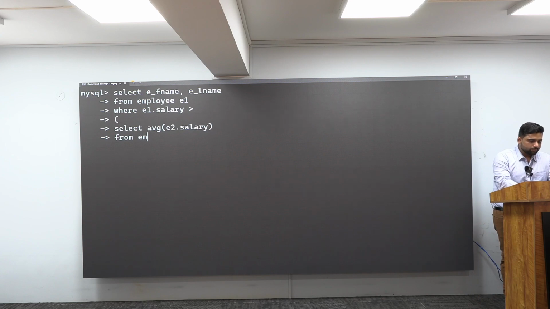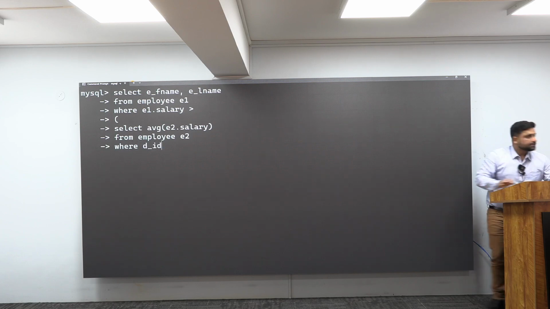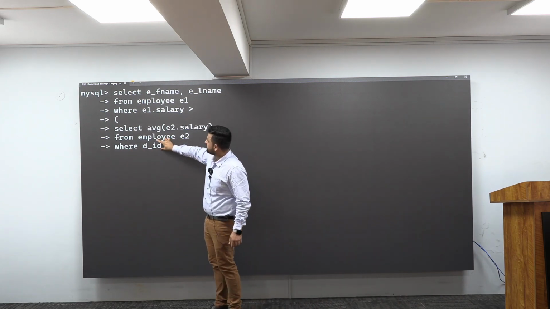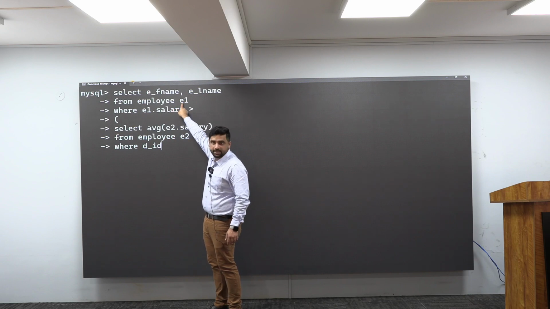So from employee, for the same table employee, I am creating one more copy. What do I have to put? E2. Now what do we have to compare here? Where department ID. This department ID we should take from the outer query. And in the outer query, what is the table name?